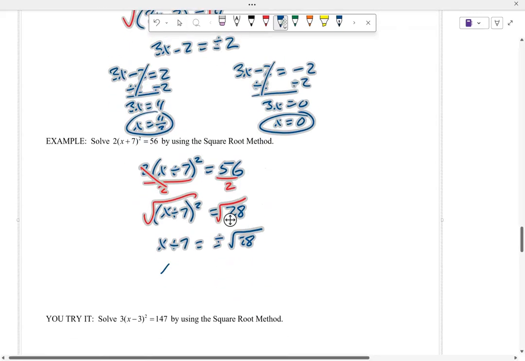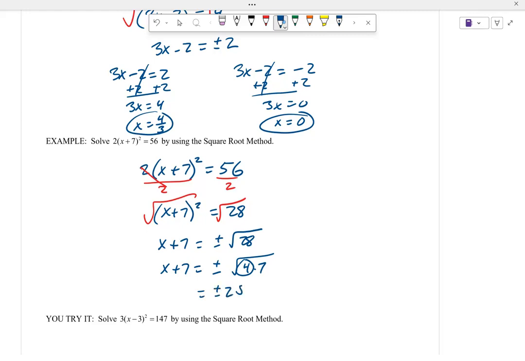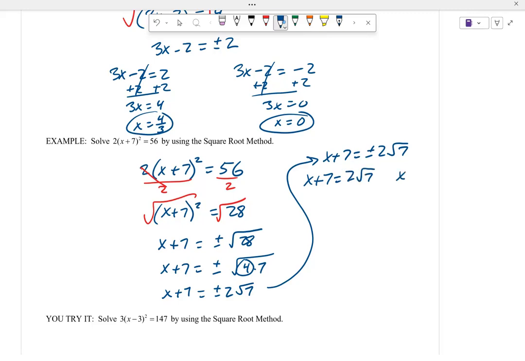And I should simplify that. 28 is 4 times 7. I know the square root of 4 is 2. So x plus 7 equals plus or minus 2 root 7. So if x plus 7 equals the positive 2 root 7, x plus 7 could be the negative 2 root 7. And let's subtract 7 on both sides.